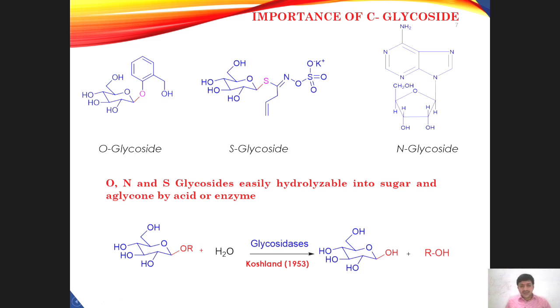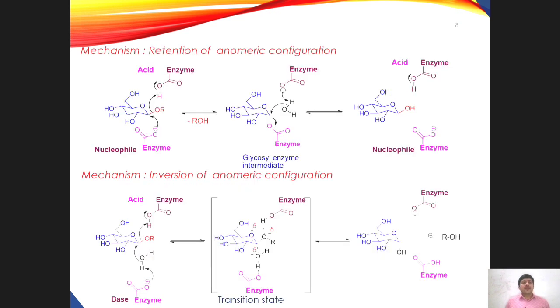Here is a chemical equation. We all know how we can have a chemical equation. The mechanism which is related to the retention of anomeric configuration and inversion of anomeric configuration. See how well we have drawn this particular mechanism by using CHEMDRAW.